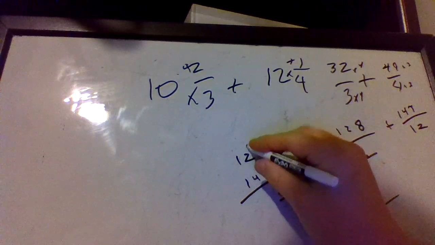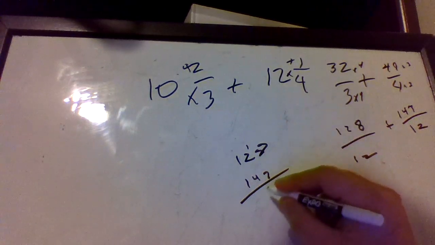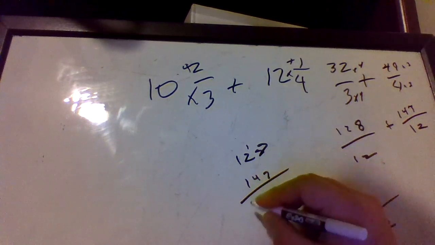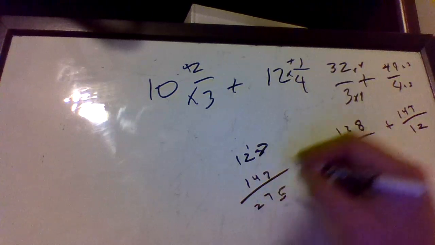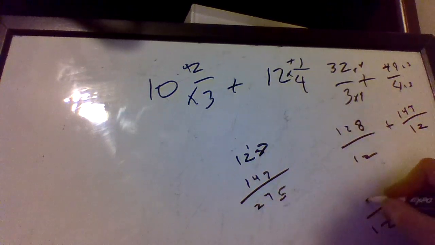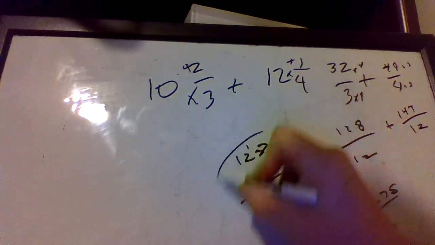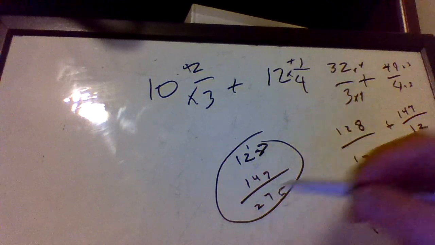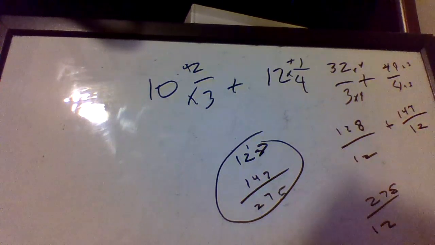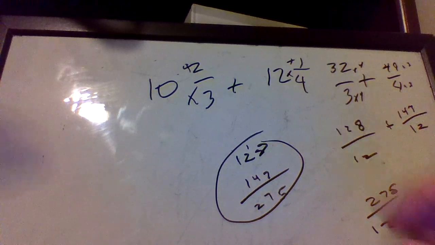Carry the 1. 2 plus 4 is 6 plus 1 is 7. And 1 plus 1 is 2. So we got 275 over 12. And use as much scratch work like this as you need to do it. Whatever you need to do to get the problem correct is what you should do.